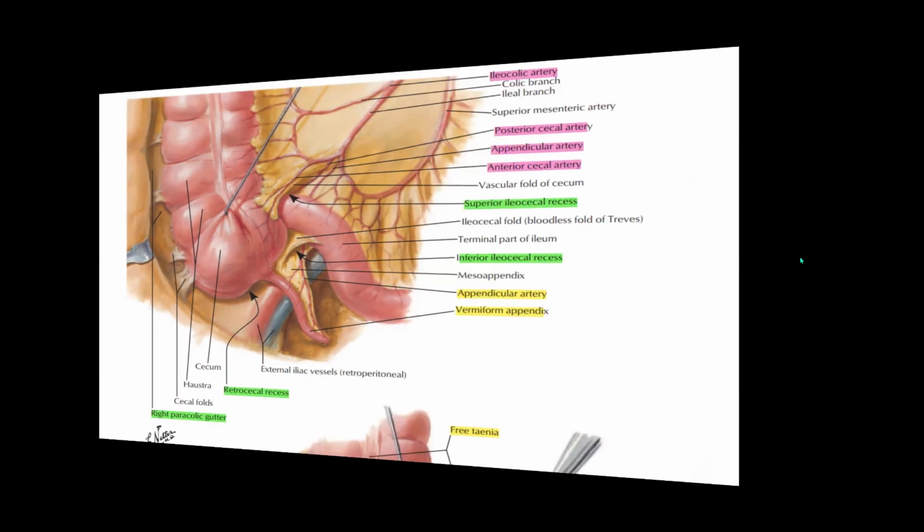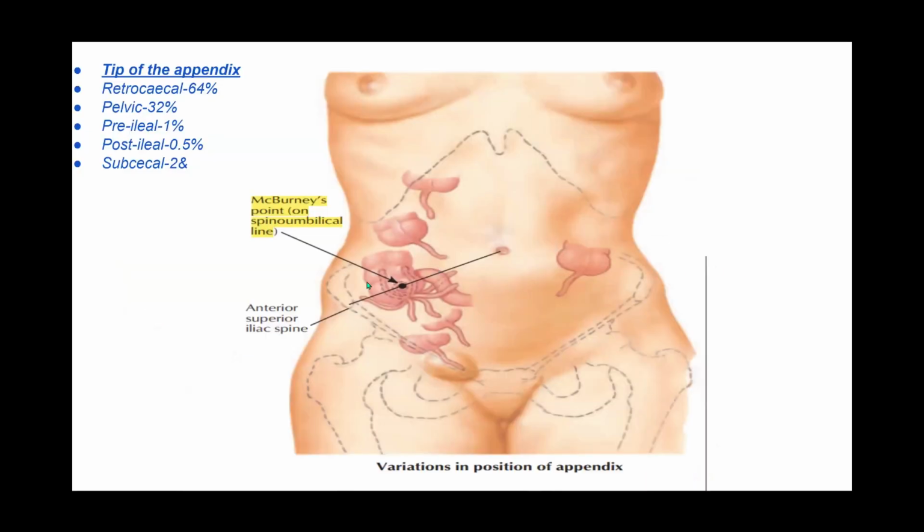Yeah, let's proceed. As we said, the most constant part is the base of the appendix when it comes to location. The tip of the appendix can actually be found in several places. It can be retrocecal, which means behind the cecum.